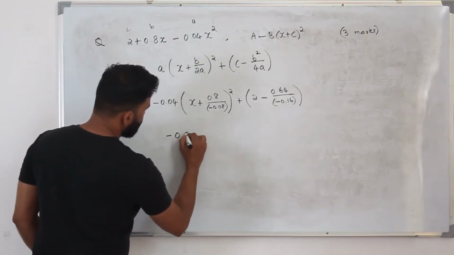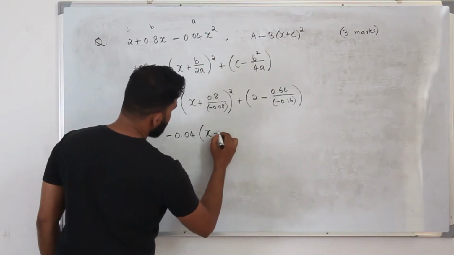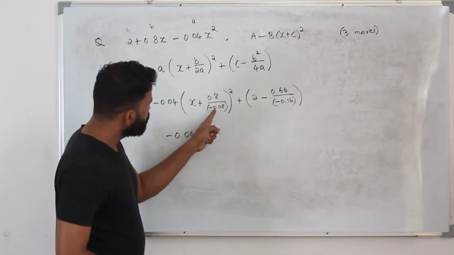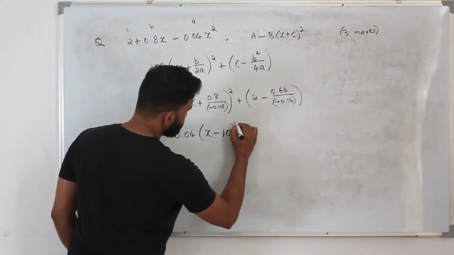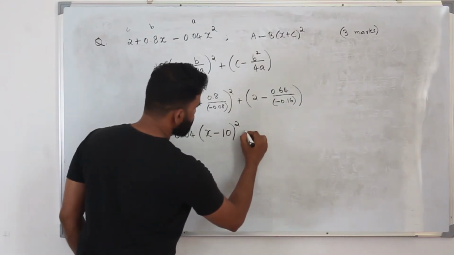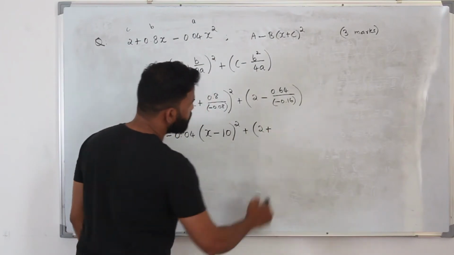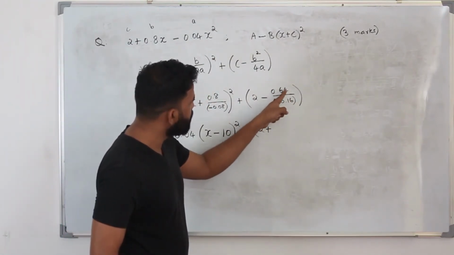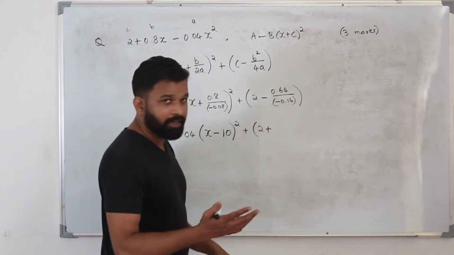It will be minus 0.04 into (x minus, plus into minus gives minus, 0.8 divided by 0.08, which will be 10. Use your calculator, please.) Plus 2, minus into minus gives plus. When you divide them, this is a 2 decimal digit number, so you will get a whole number, not a decimal number.